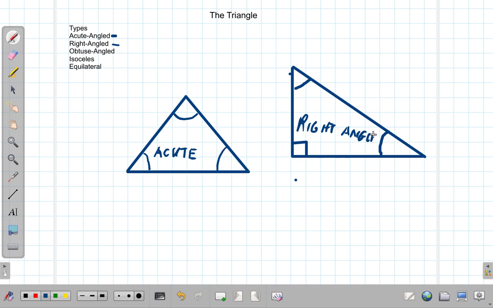Now, you have another type of triangle that is called the obtuse angled triangle. In this case, one of the angles is an obtuse angle, and therefore that obtuse angle measures more than 90 degrees. Let me draw an example here.